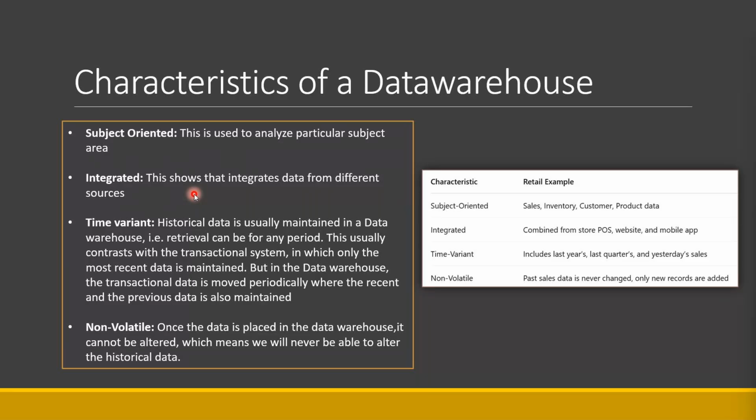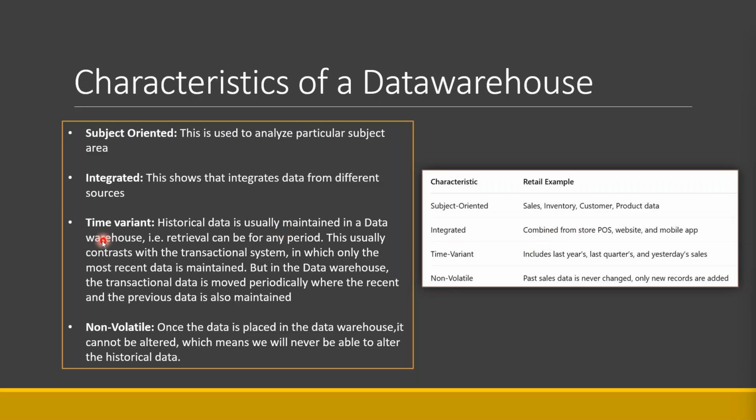Since there are multiple options, data can be coming from different sources. So they have to integrate their application to handle the data coming from different sources. That is why a data warehouse is integrated. When we make the payment, the payment app should also have a connection with the Amazon application. If that is isolated, then our order will never be placed, right? So that is how the integrated characteristic is designed.